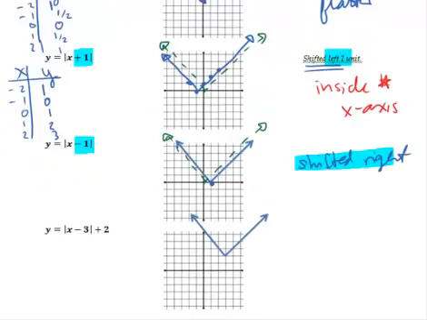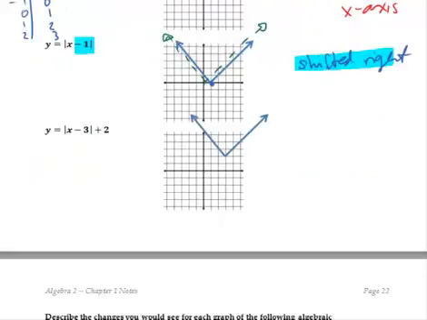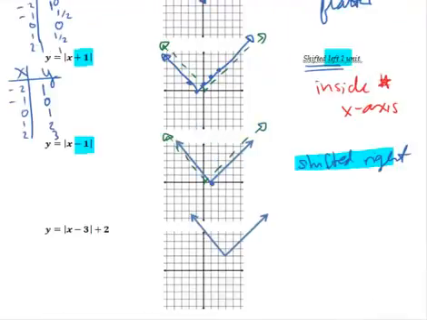We want to start looking at the patterns of the numbers inside and outside. Here's one, at the bottom of this page. Let's see if we can think about the pattern for this one. This one has a number on the inside, and this number on the inside is the -3. It also has a number on the outside, which is a +2. So the -3, that's similar to the -1. -1 moved us right 1 unit.